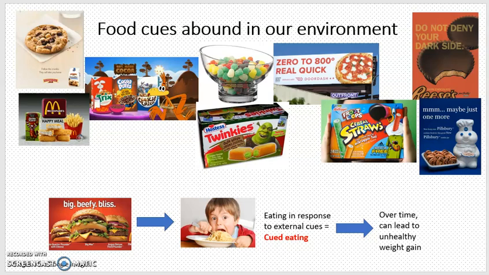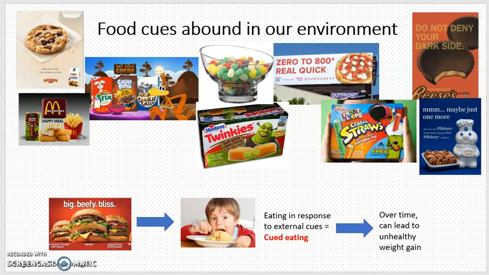Examples are pictures of food on billboards as you're driving down the highway, food in banner ads as you're browsing the internet, pictures of food on magazine ads, newspaper ads, TV, and of course when you walk into a supermarket and there are tons of food pictures all over the place. Those are all peripheral food cues that we attend to in our environment.